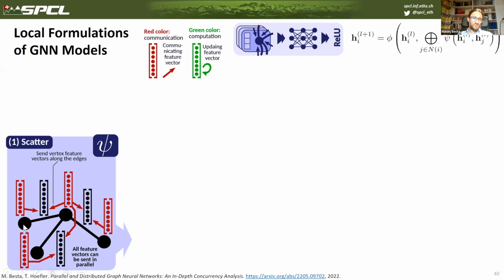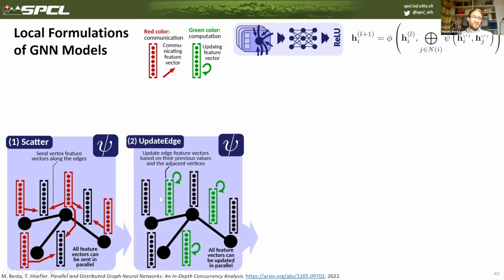Each of these vertices has some feature vector, which we indicate here with these red vectors. And in this phase, we are sending these vectors along our neighboring edges in order to produce some new output in the next phase, right? So in the scatter phase, we are sending these vectors along the edges, and we can do all these sends in parallel.